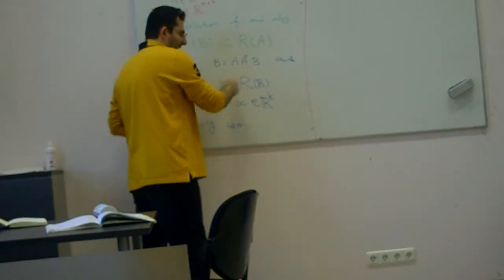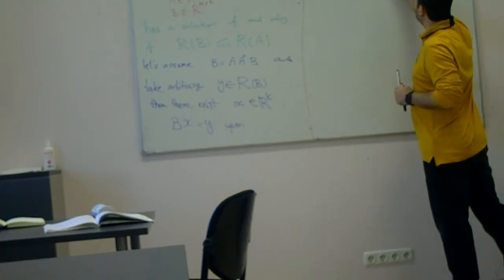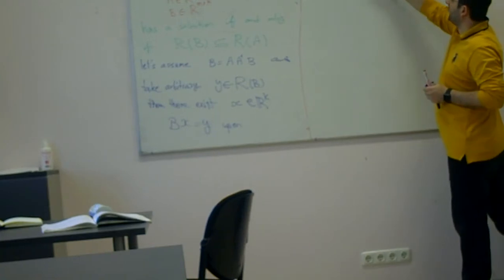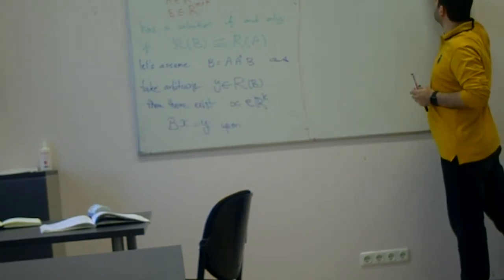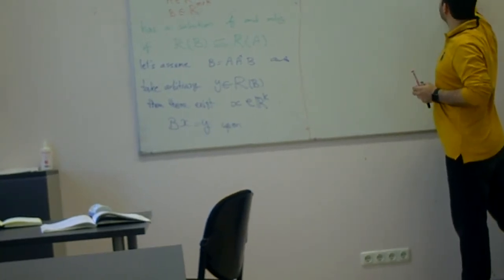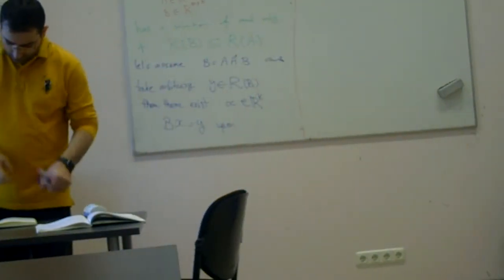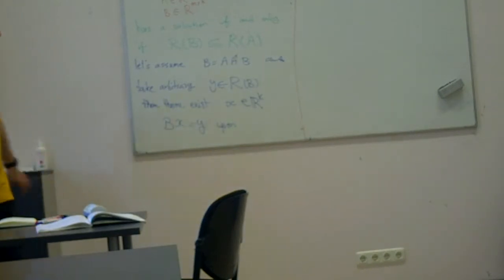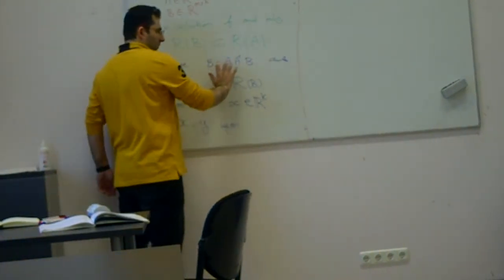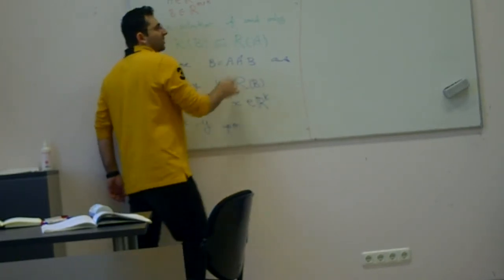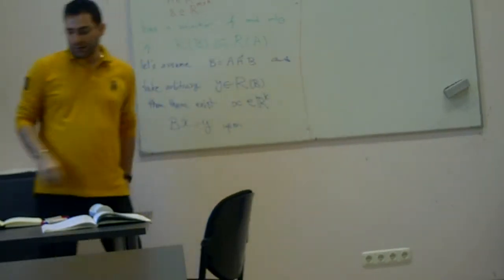Can I write this as something that A is operating on, so it belongs to range of A? And the proof is complete. I said let's take an element in range of B, and I show that that element is also in range of A.